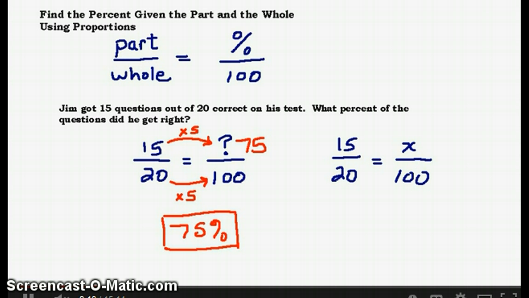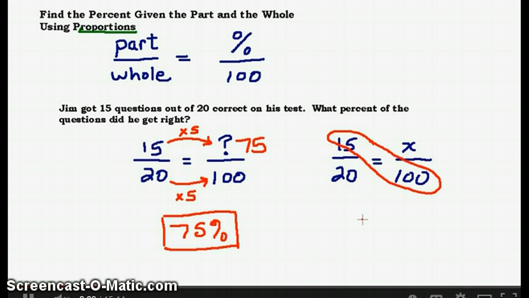Now we have to cross multiply to find out what x equals, since both sides are equal. Let's look back at the original thing first: part over whole equals percent over 100. We're cross multiplying, so we're going to do 15 times 100, which equals 1,500.